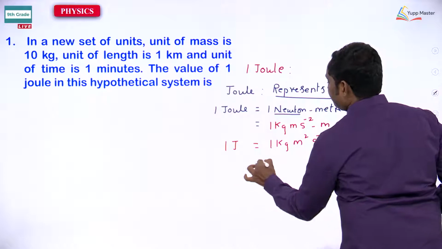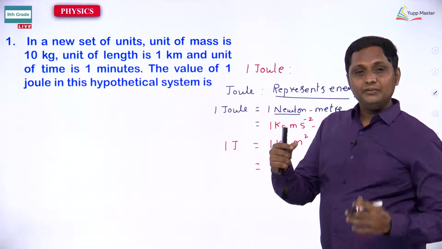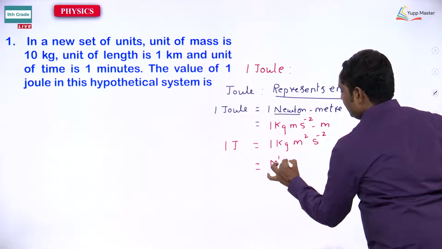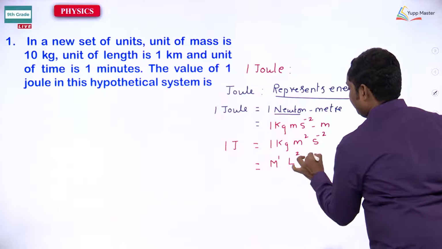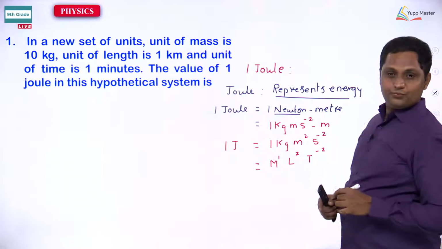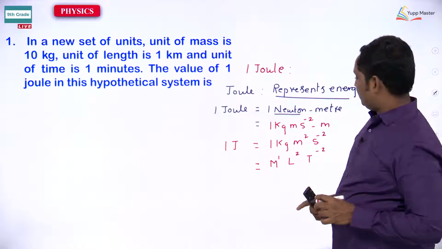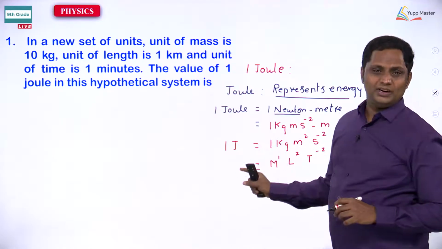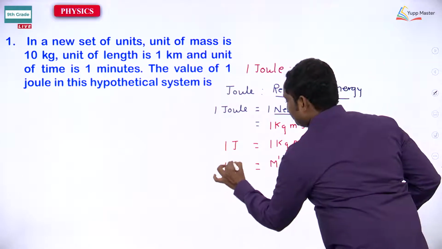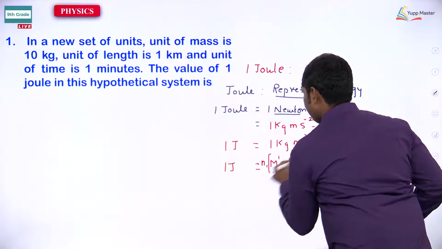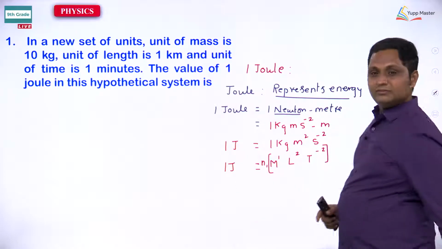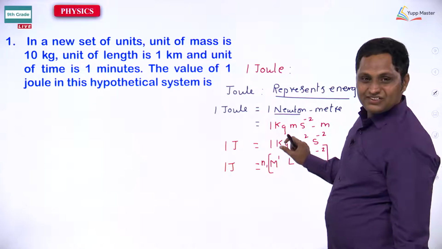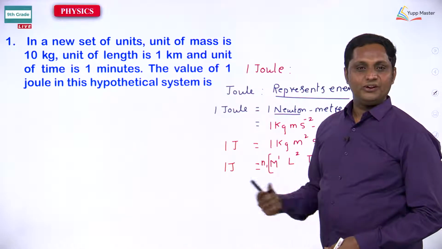It has been represented with the powers of the base quantities, that is, M power 1, L power 2, T power minus 2. So the value of 1 joule in a generalized system is 1 J equals n1 into this. This is the generalized representation for 1 joule.